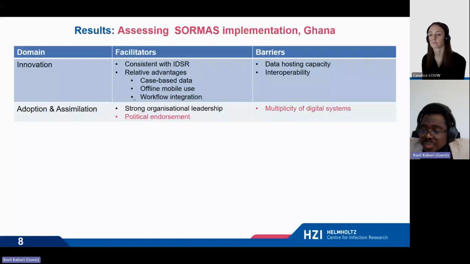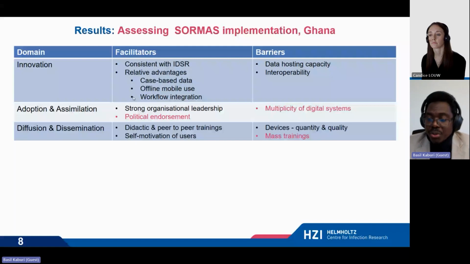Now for the spread, the combination of workshops, that is the didactic sessions, with peer-to-peer trainings came across as very complementary, because then fewer people were trained in the workshops, and they in turn were able to train other workers, their peers, and sometimes even their bosses back in their health districts and regions.